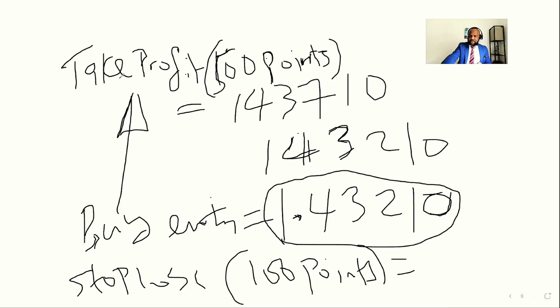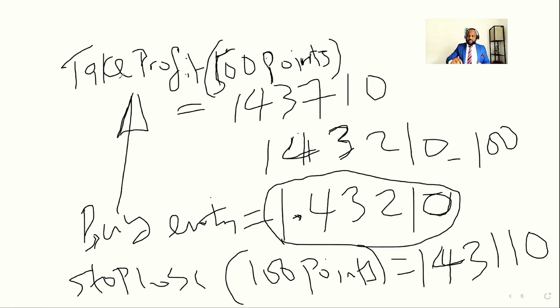You subtract the figure your stop loss point is, 100 points, and that will give you 1 point. Use your calculator. 143,210 minus 100 to give you 143,110. Use calculator. You will see that this is what you will get.